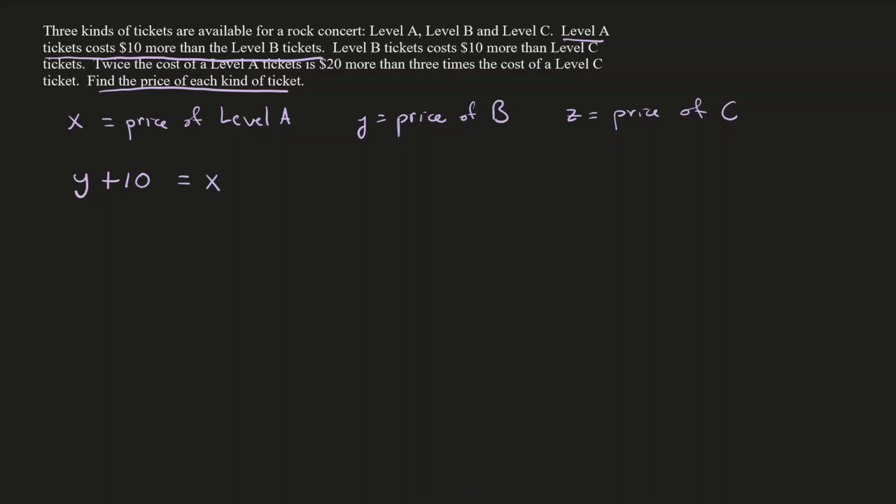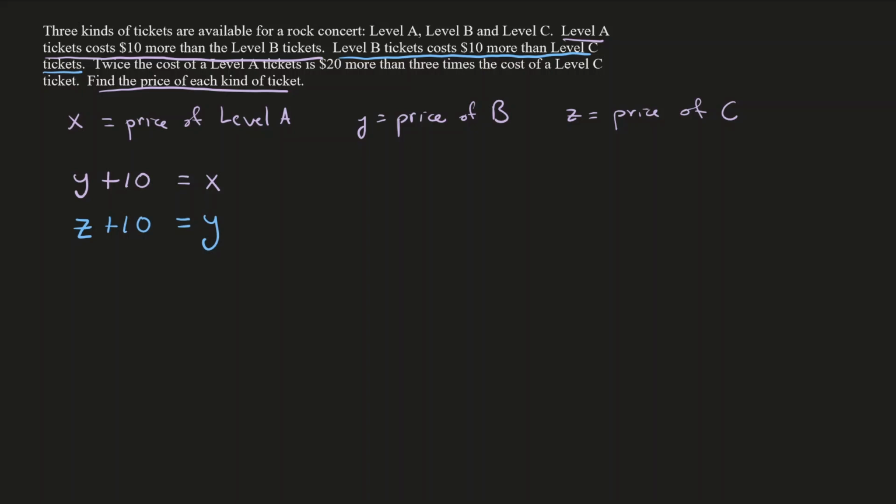So for instance, if the level B tickets cost $10, the level A tickets cost $20. So that gives us one nice equation there. Now, taking a look at the next sentence, the level B tickets cost 10 more than the level C tickets. So in this case here, if z is the price of the level C tickets, we have to add 10 to it to get the level B tickets. So those are two nice equations there.